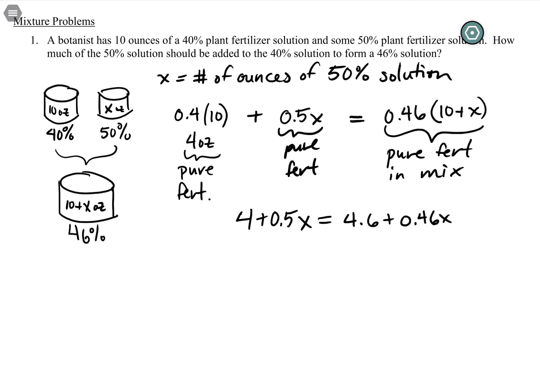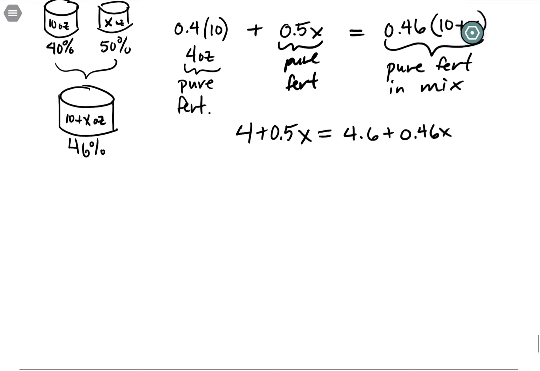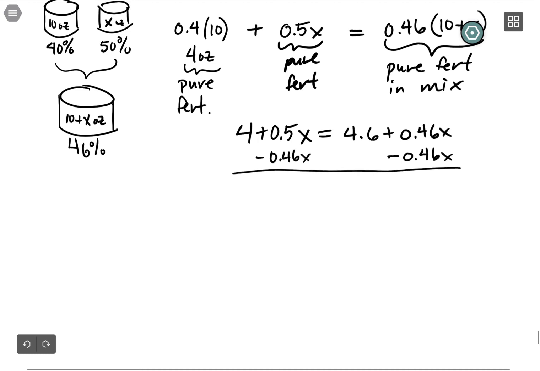Let's see, what can we do here? I'm going to move the x's to the left hand side. We have x's on both sides, so we need to get them on one side. So I get 4 plus 0.04x equals 4.6.